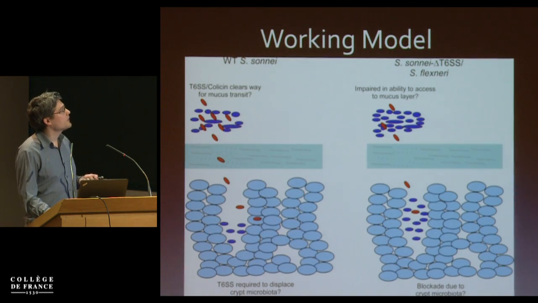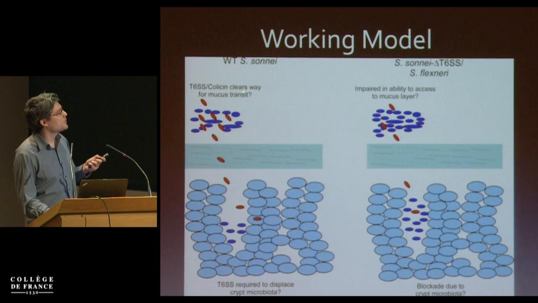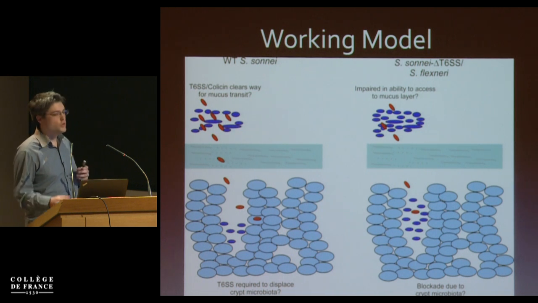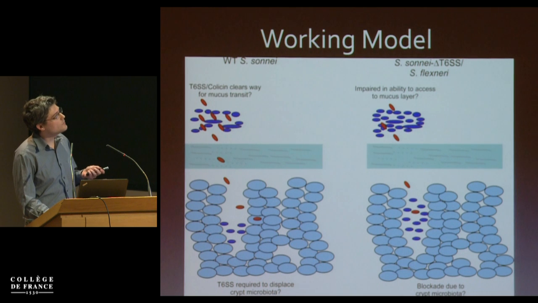So our working model for now is that the wild-type Shigella sonnei uses its type 6 secretion system and colicin to potentially clear a way for the bacteria to contact the mucus, and then potentially a second time when it might need a type 6 system is in the crypt, where previous work in the lab has shown that there's a crypt-specific microbiota, which may also compete with Shigella sonnei.